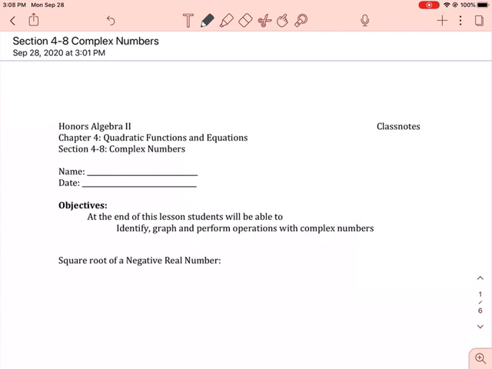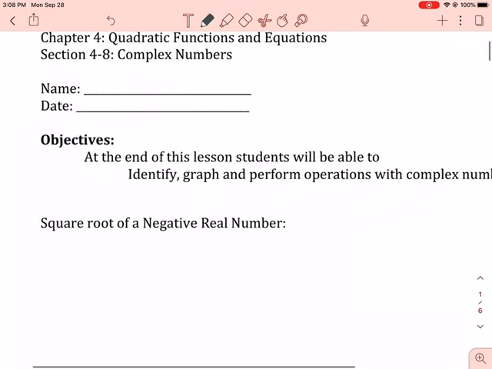So there are two things that we don't know the answers to right now: the square root of negative numbers and how to divide by zero. For the square root of a negative number, they came up with a solution, a representation of how to deal with it. When you take the square root of a negative number, like the square root of -1, we don't know what the answer is.